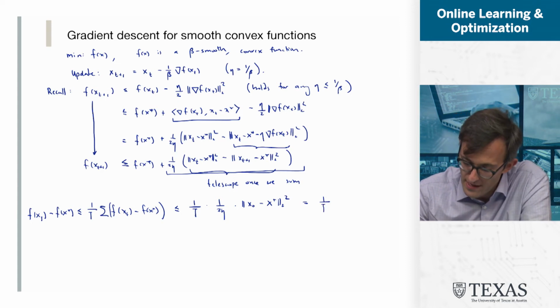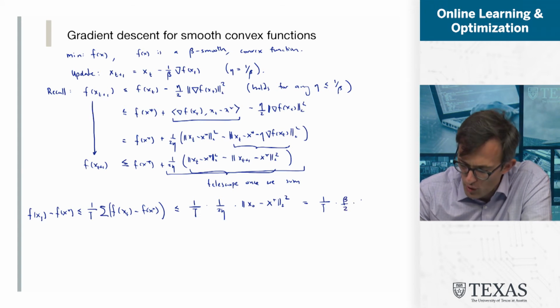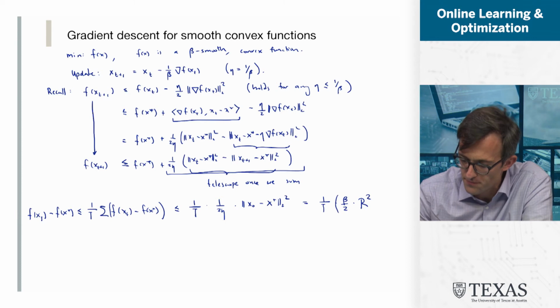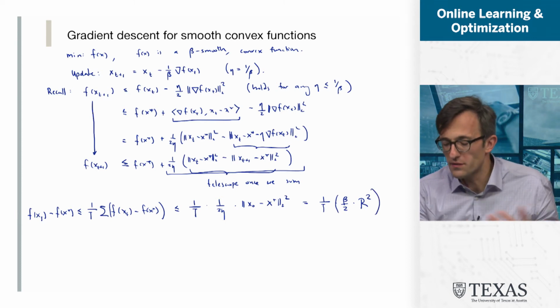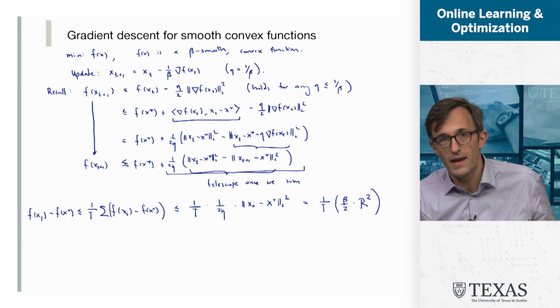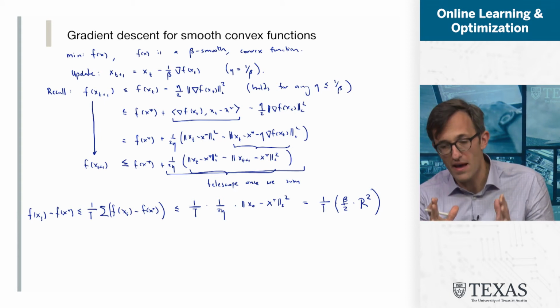So with our choice of eta, this looks like beta over 2 times what we called before r squared. I really want to focus on the convergence of 1 over t. Note that I don't have to choose eta shrinking. Eta is not equal to 1 over root t. And that's really the win that I get. My eta was just some fixed value.